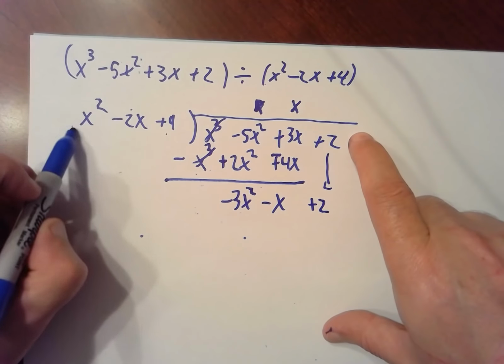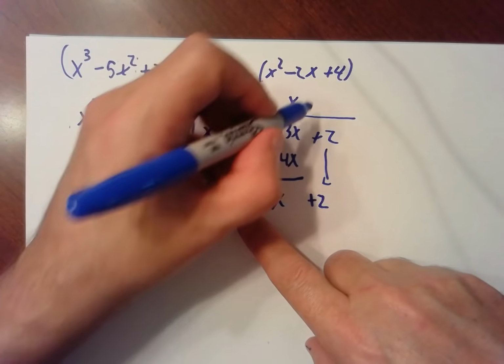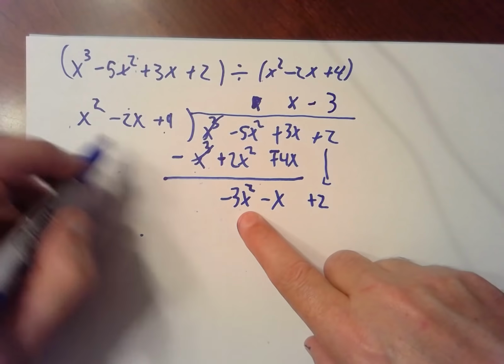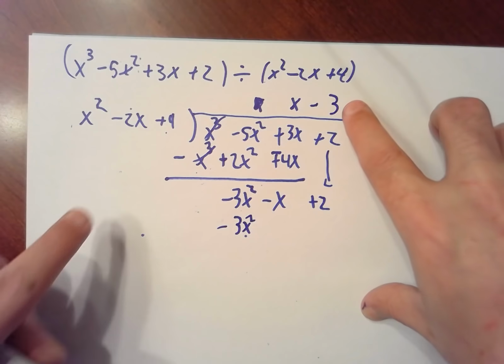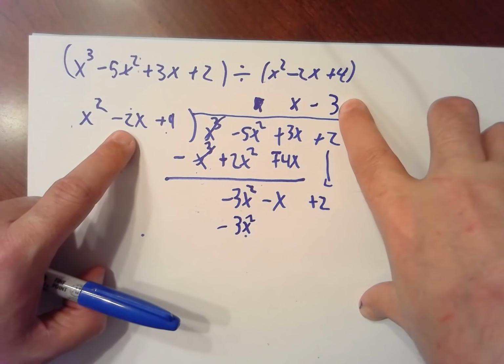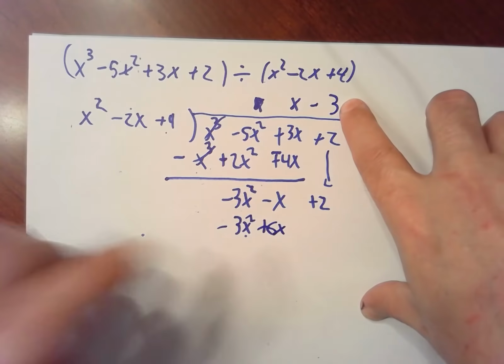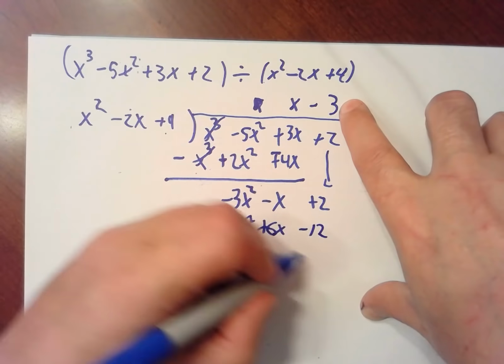Okay, now what do I have to multiply x squared by to get negative 3x squared? That would be a negative 3. Negative 3 times x squared is negative 3x squared. Negative 3 times a negative 2x would be a plus 6x. Negative 3 times 4 would be minus 12.